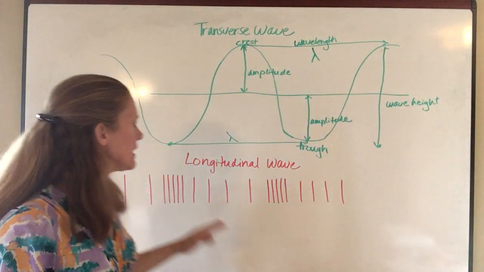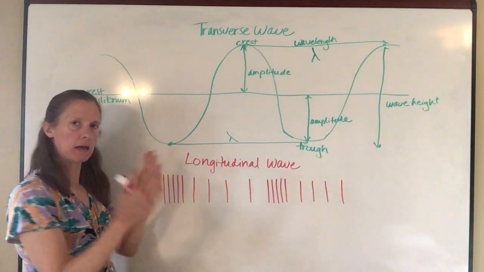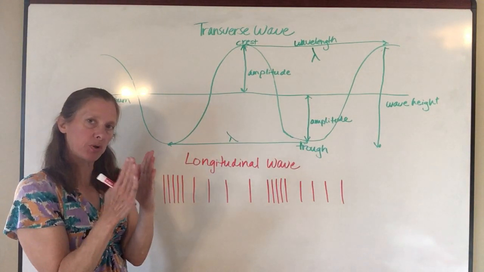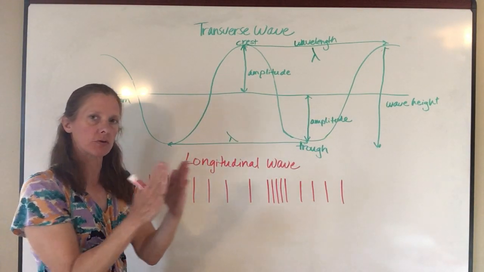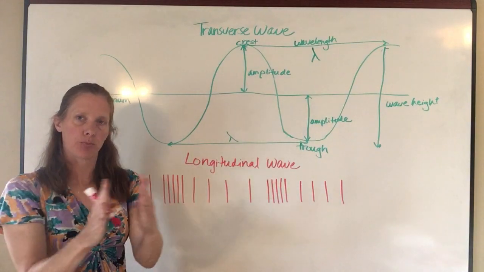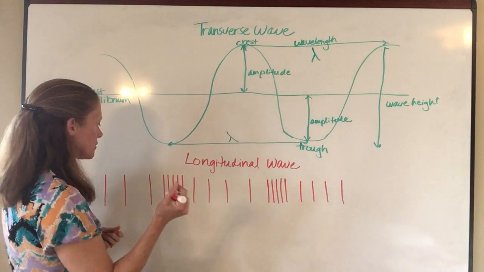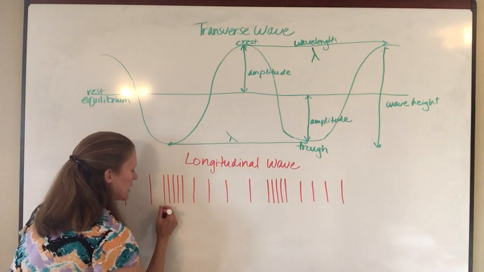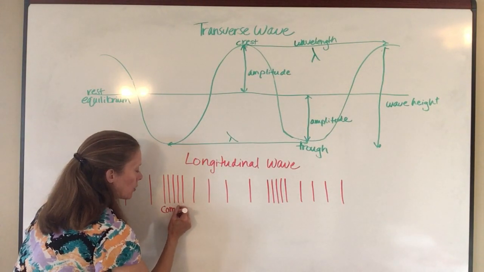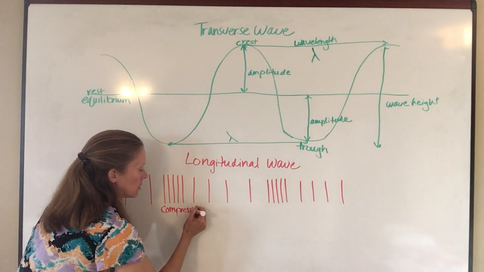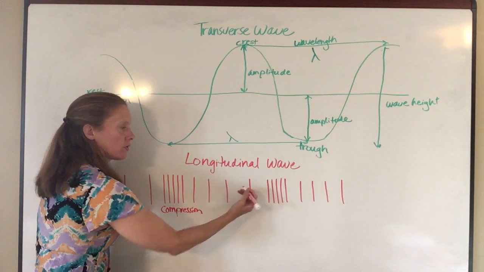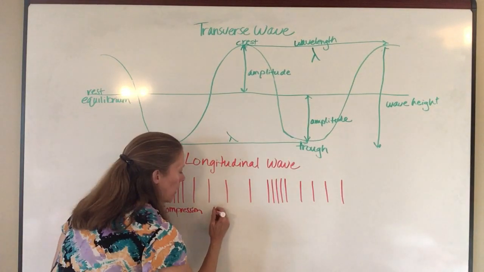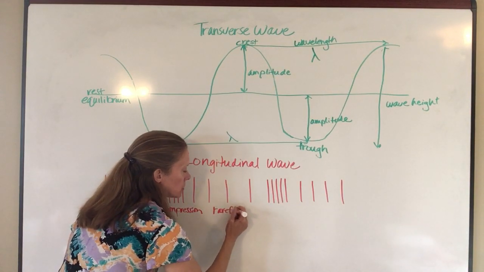And so in that type of thing, you have a compression place of all of your coils that's moving down, and then that compression place is going to move back. So the points here, in place of a crest and a trough, here I have a compression, and then the part where the coils are spread out is called a rarefaction.